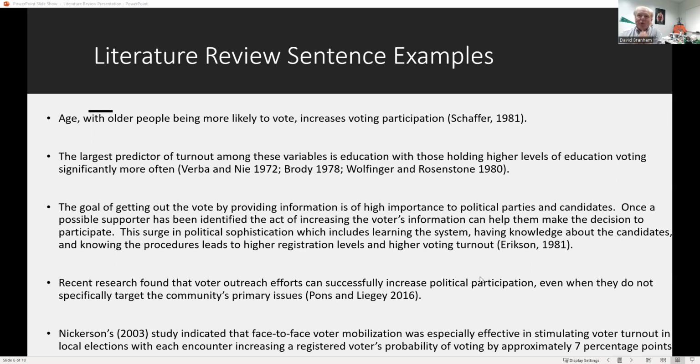You have 3 sources here that say education level is a very important part of whether or not you're going to vote. It's probably the most important part. Model after model shows this: people who have a higher education are more likely to vote than people who don't.